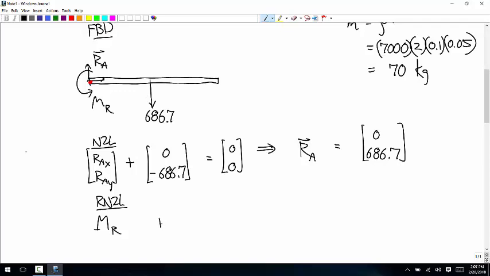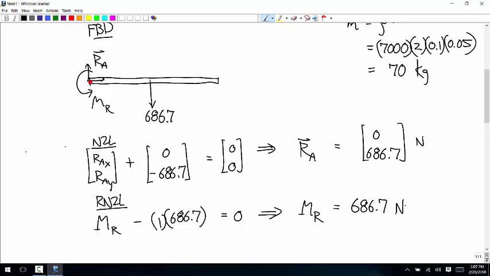Yep. So moment arm of 1, force of 686.7, and then clockwise or counterclockwise? Clockwise, so it's negative, right? And so MR is equal to positive 686.7. This one's newtons, and this is newton meters.